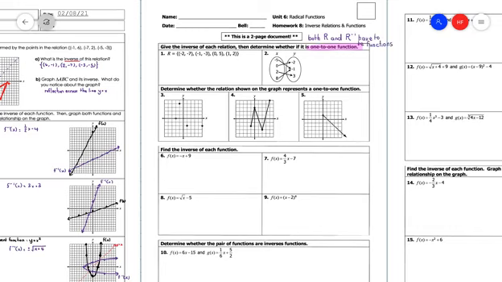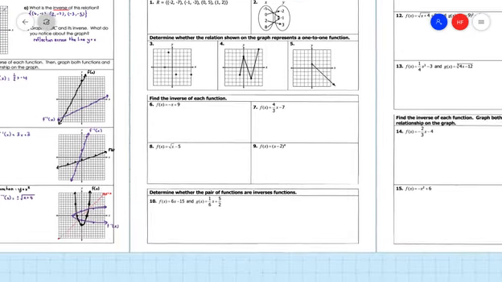If one's not a function, then it cannot be 1-to-1. So you do the same thing with the graphs on 3 through 5. 6 through 9, you're finding the inverse. So what we did, minus the graphing portion.